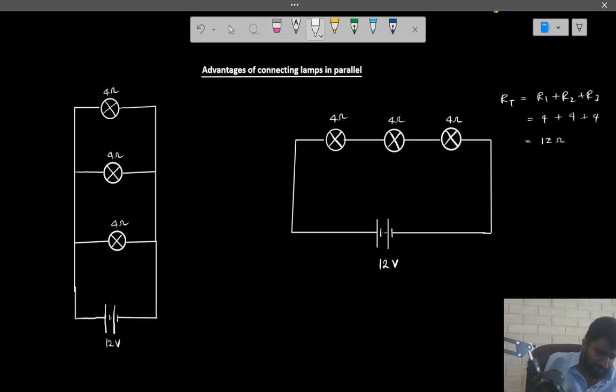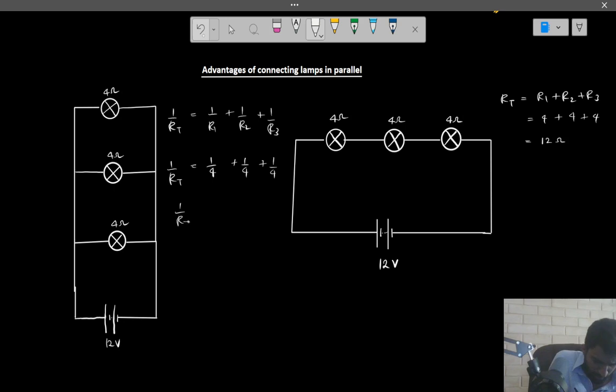Then if you consider the same scenario here, 1 over RT is equal to 1 over R1 plus 1 over R2 plus 1 over R3. So if I simplify this, I'll get 1 over RT is equal to 1 over 4 plus 1 over 4 plus 1 over 4.